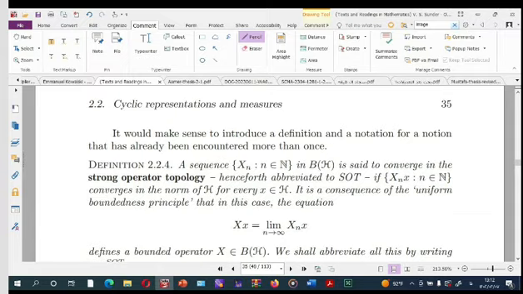A sequence xn, for example, in B of H is said to converge in the strong operator topology, SOT, if for any x in Hilbert space H, xn of x converges in the norm of H, okay?